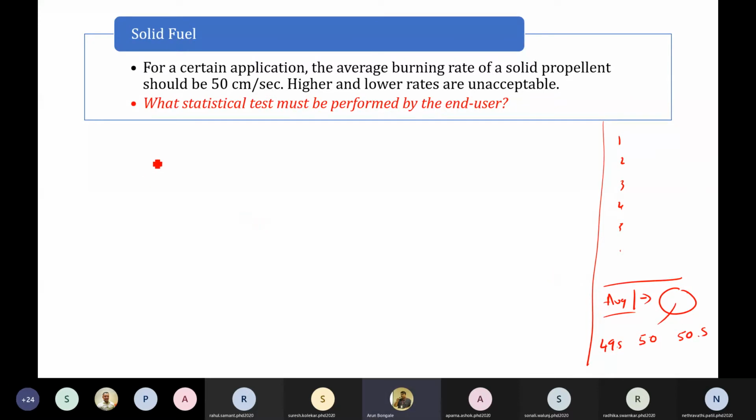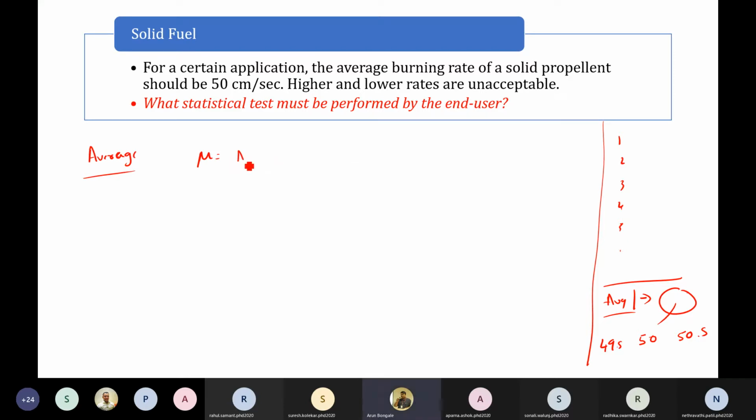Again, the parameter of interest is the average value. This we already know. If I define mu, you can take any symbol, it need not be mu, you can write anything.